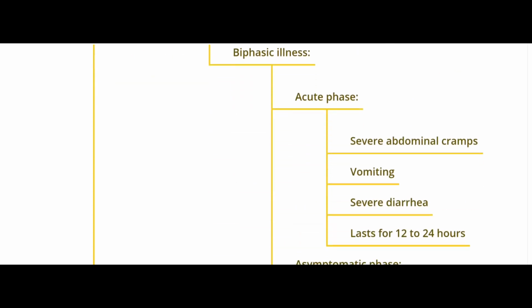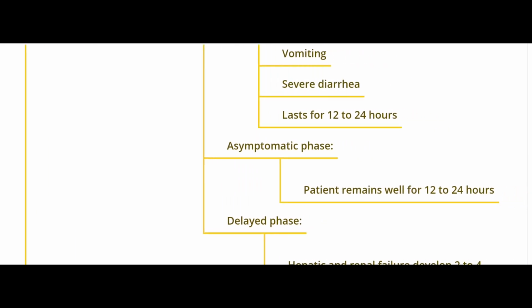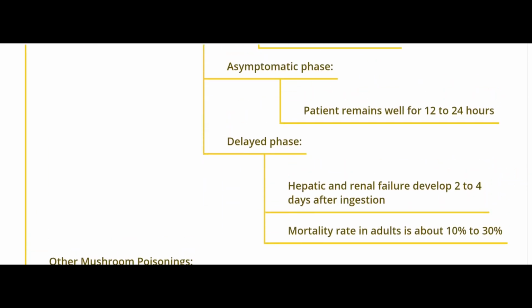The biphasic illness has the acute phase, which is a typical diarrheal syndrome that lasts from 12 to 24 hours, and an asymptomatic phase, which is almost a day, and the delayed phase. The delayed phase is a second phase where we will have the toxicity.